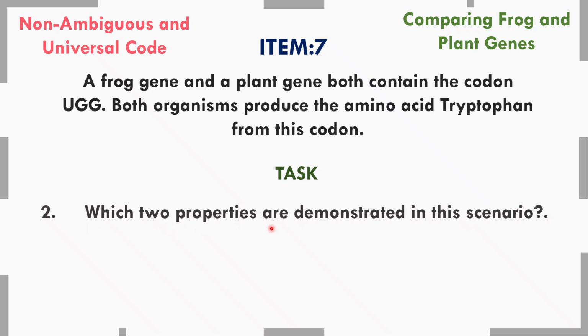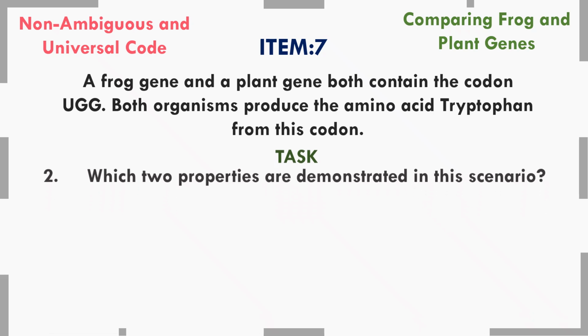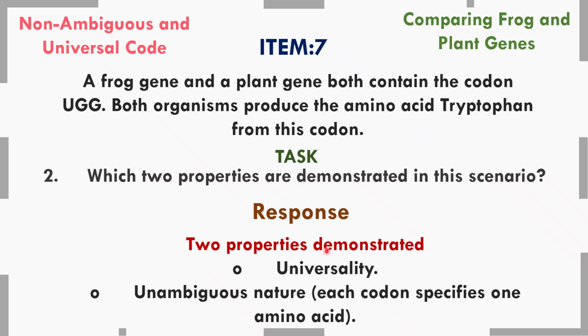Which two properties are demonstrated in this scenario? Two properties demonstrated. 1. Universality. 2. Unambiguous nature, that is, each codon specifies one amino acid.